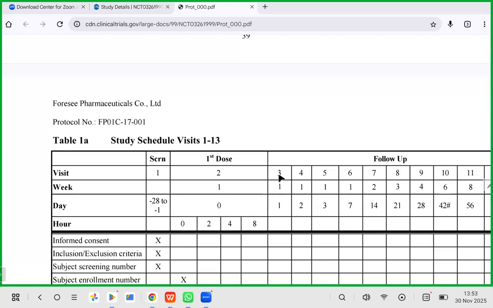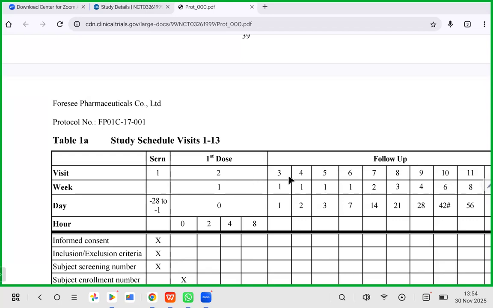In visit three and visit four, they will take the blood samples and check the safety parameters, whether they have any adverse event or not. They will check the sugar level. So in each visit, they will take the blood samples, and then check the antigen level, the sugar level, and the blood pressure level.